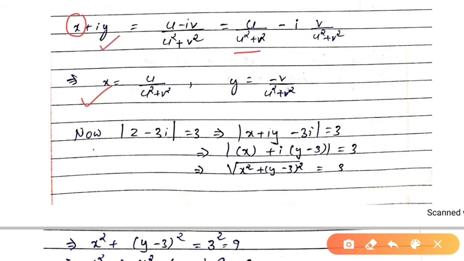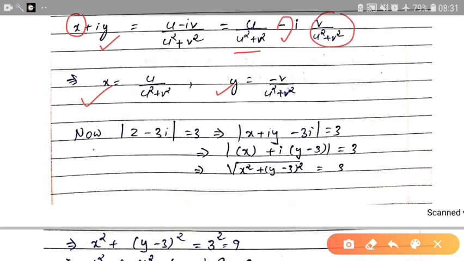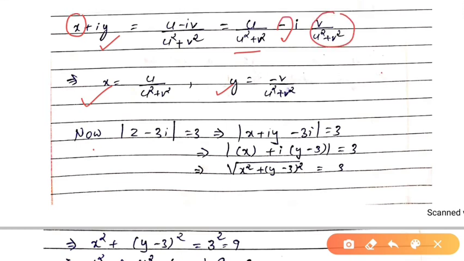Here the coefficient of i is y, and on the right hand side it is minus v upon u square plus v square. So now we have the values of x and y.